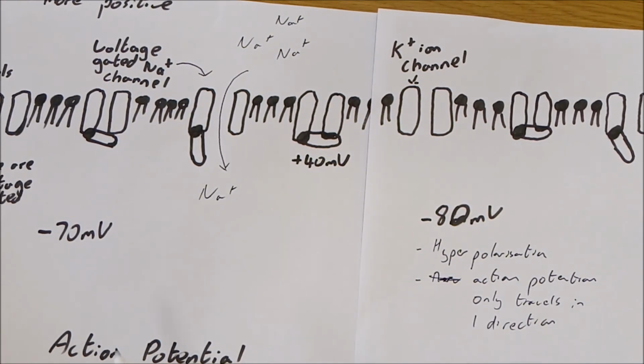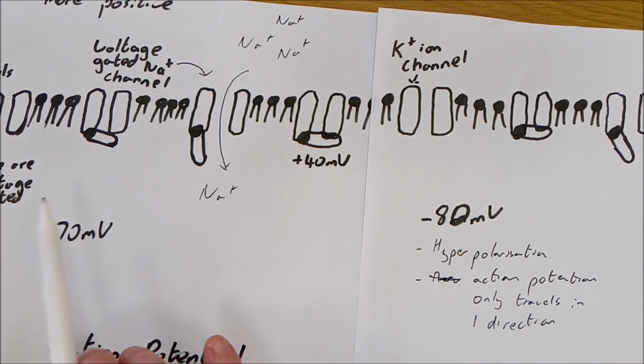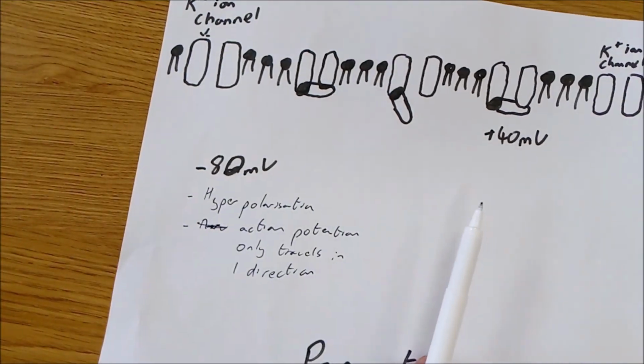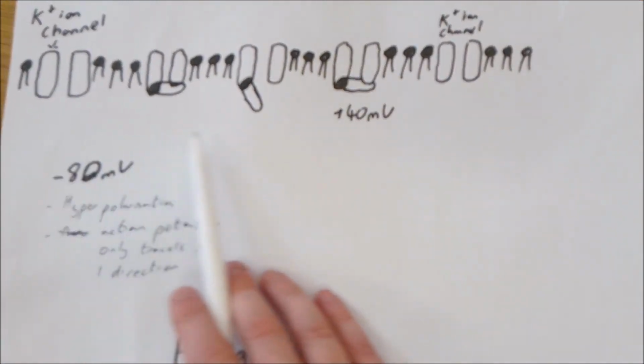And the whole thing kicks off again. So the reason for that hyperpolarization is to ensure that your action potential only travels in one direction. And then it just carries on, it moves down.